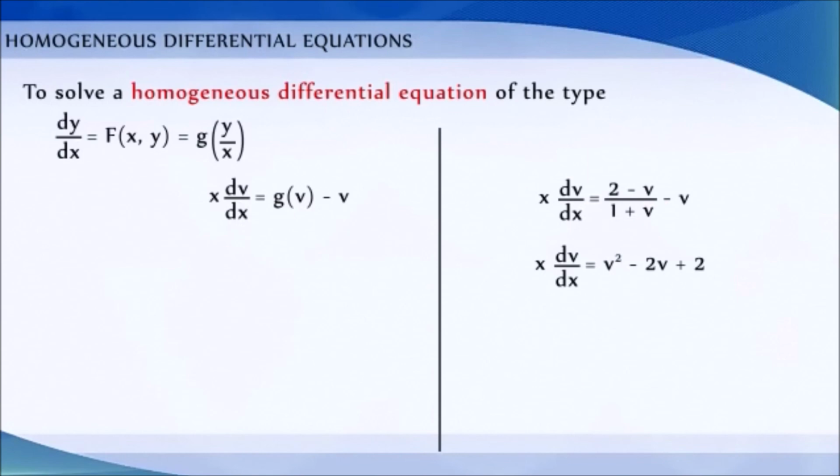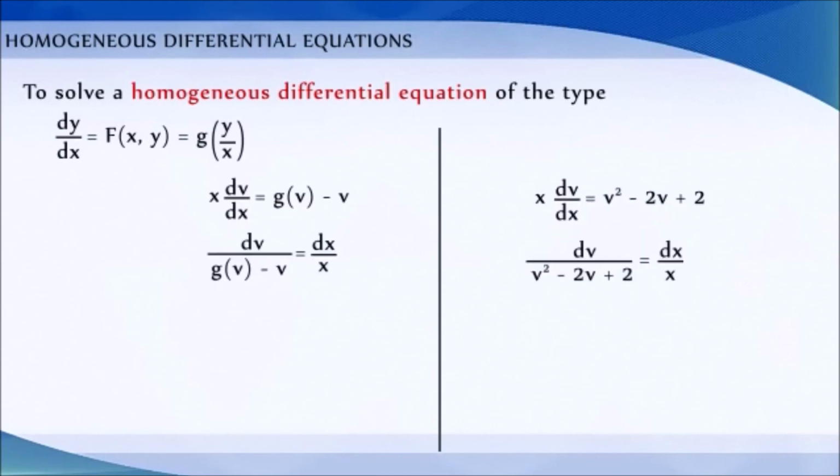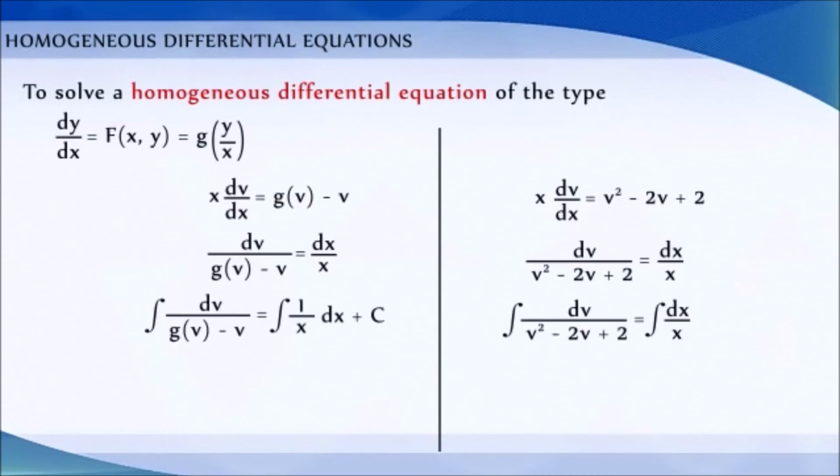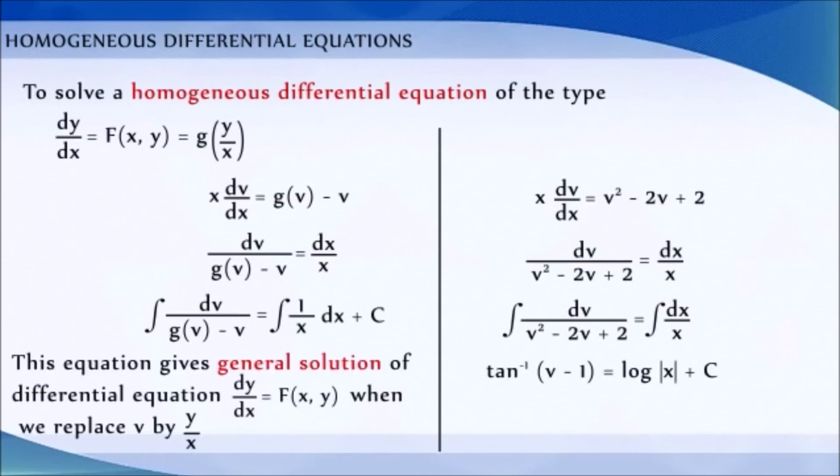Separating the variables in this equation, we get dv by g of v minus v is equal to dx by x. Integrating both sides, we get integration of dv by g of v minus v is equal to integration of dx by x plus c. This equation gives the general solution of the differential equation dy by dx is equal to f of x, y when we replace v by y by x.